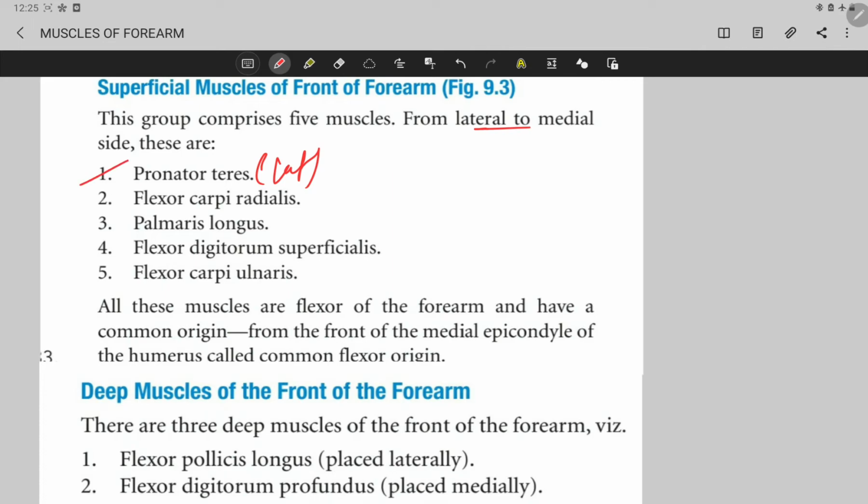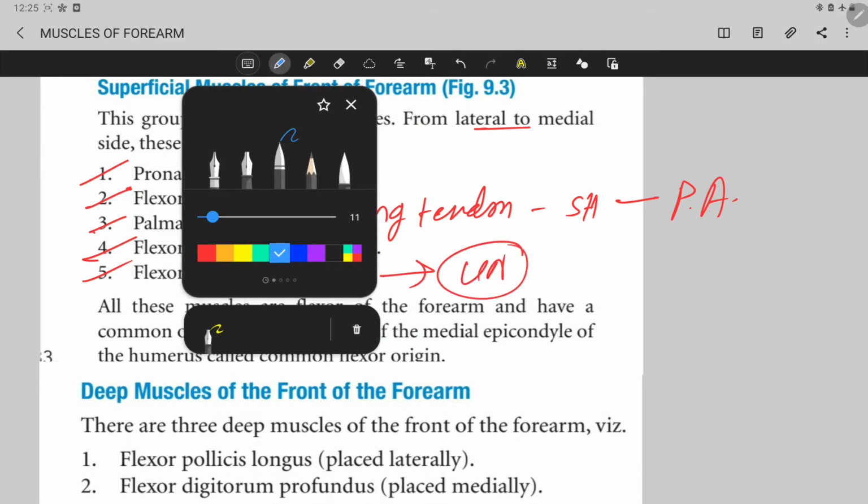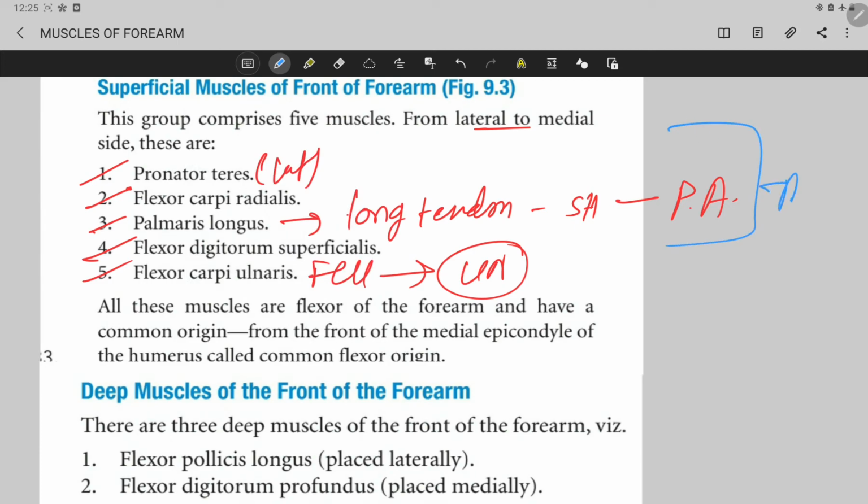Then medial, flexor carpi radialis, and medial to flexor carpi radialis, palmaris longus. It has a long tendon and short belly, forming the palmar aponeurosis. Then flexor digitorum superficialis, and then flexor carpi ulnaris. Only the flexor carpi ulnaris is supplied by your ulnar nerve. All the other muscles are supplied by your median nerve.